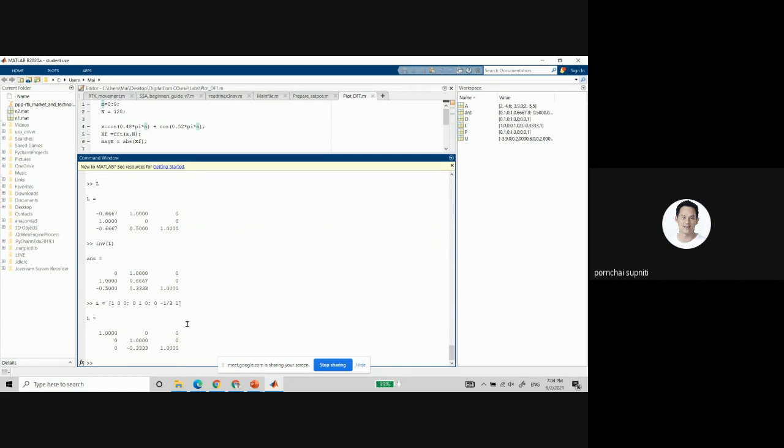And if I find the inverse of L, see, I have the same thing, but this term is changed from negative to positive value. So if we express matrix A as L multiplied with U like this, it's going to be very convenient to do some inverse computation, and so on.